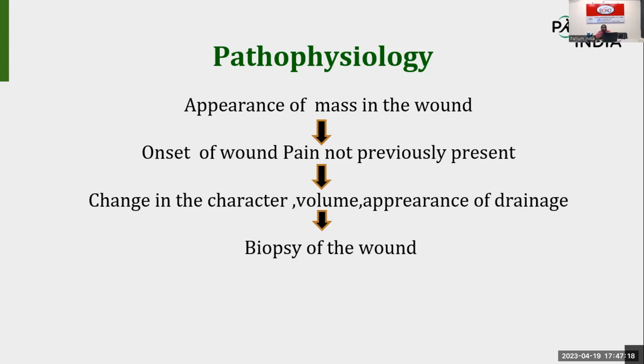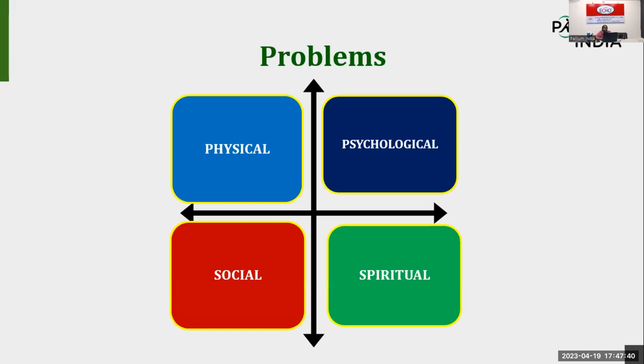If these kind of changes are there, better to refer the patient to the oncologist and make sure whether the patient has a Marjolin ulcer or not, because this is a curable cancer. So take a biopsy and make sure whether there is any cancer or not.